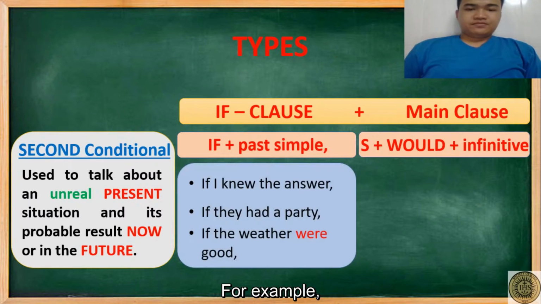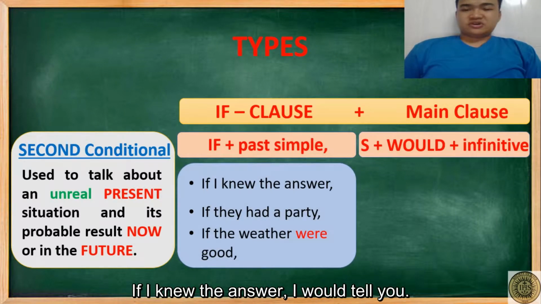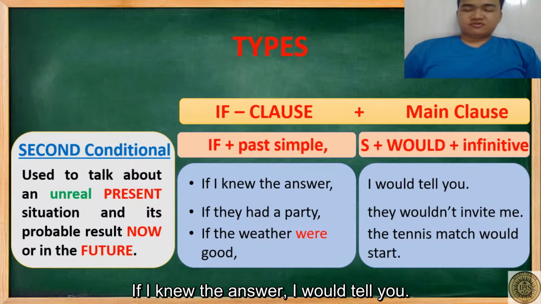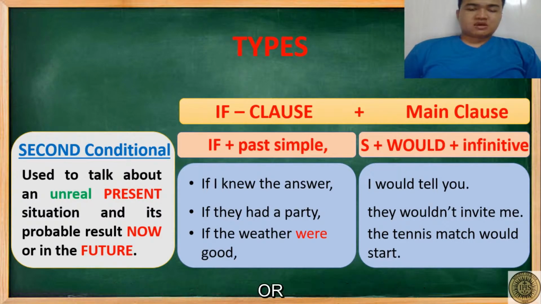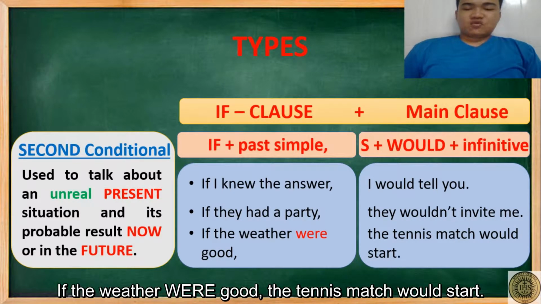For example, if I knew the answers, I would tell you. Or, if they had a party, they wouldn't invite me. Or, if the weather were good, the tennis match would start.